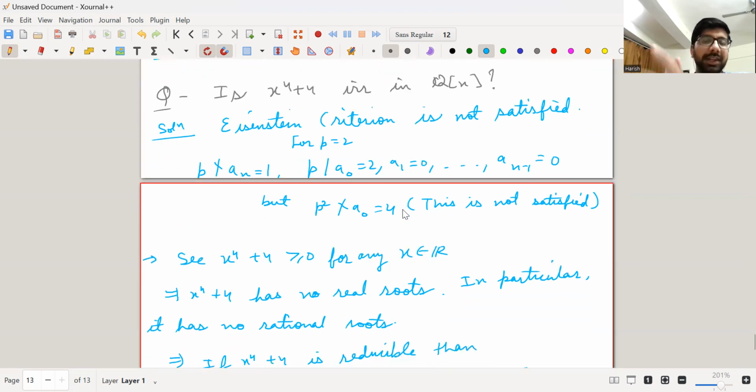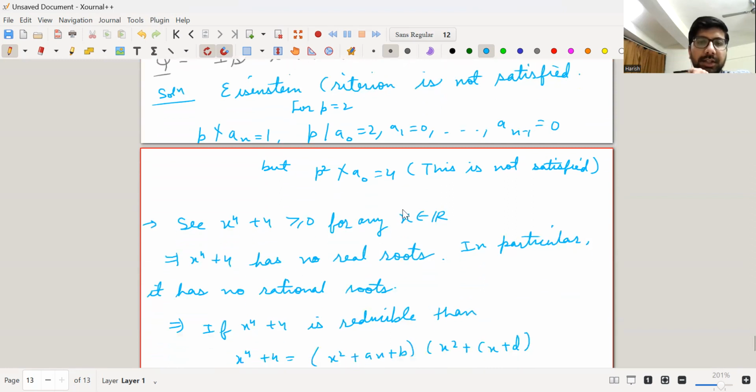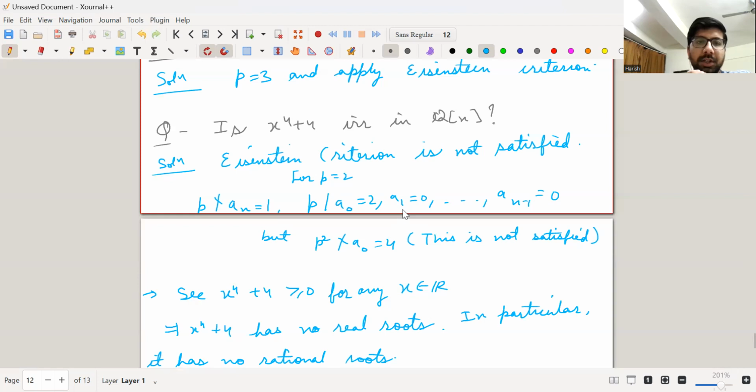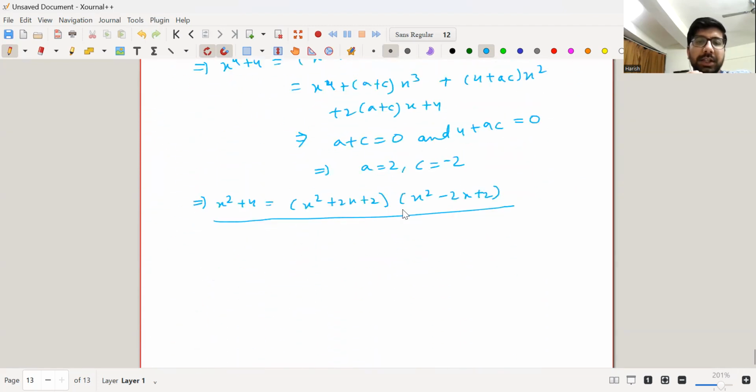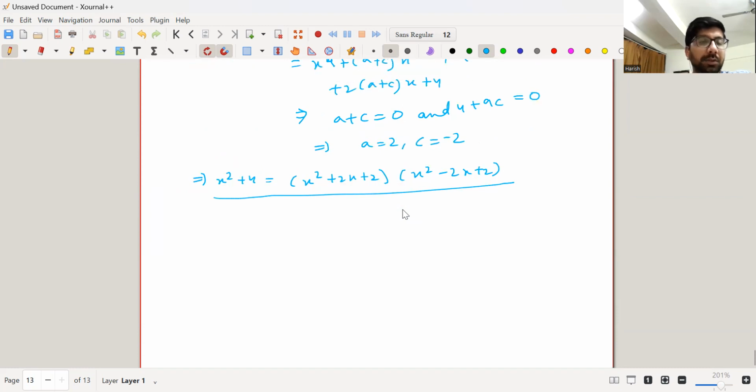So you can still take it as an example to show that x^4 + 4 is reducible in Q[x], because it does not use Eisenstein's criterion. The converse is not true in general, but you can use this kind of trick to show whether a polynomial of degree 4 is reducible or not.